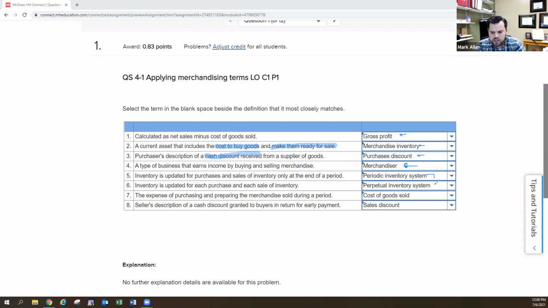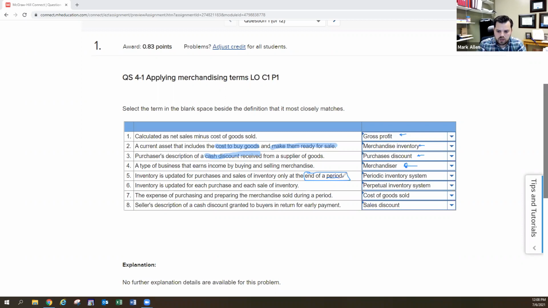Then our next two pieces, these next two kind of go hand in hand. So it works out really nicely that those are together, because a periodic inventory system and a perpetual inventory system only differ in when we actually make the entries for stuff occurring related to inventory. So with a periodic inventory system, you'll notice this occurs only at the end of the period. That is the key, right?